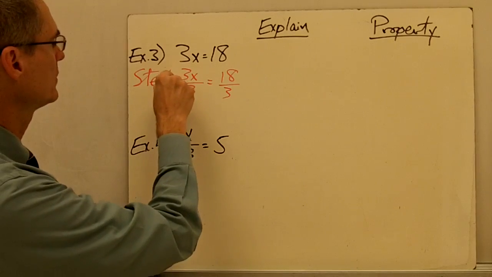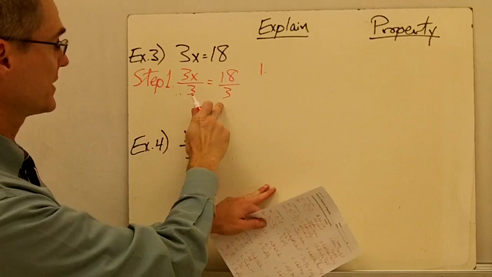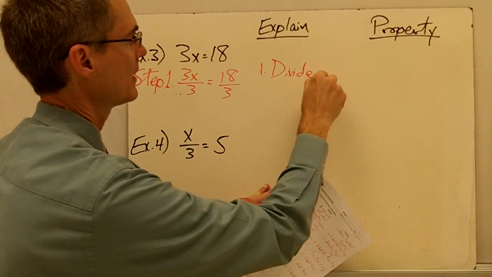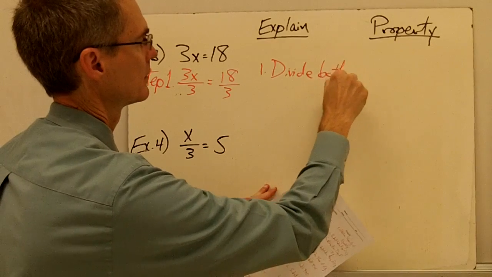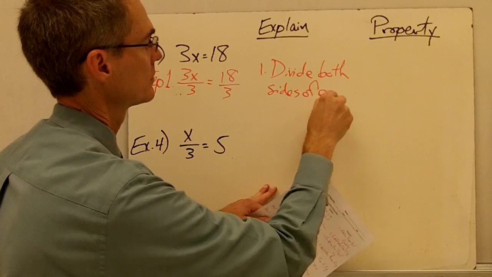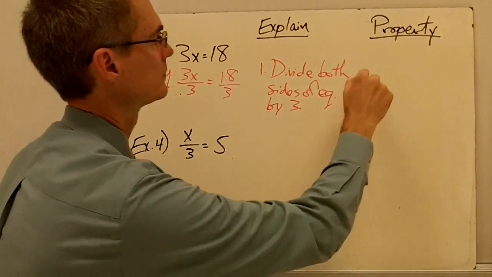That's my step number 1. What I'm doing in this step is dividing both sides of the equation by 3.